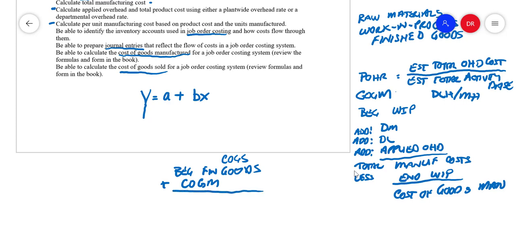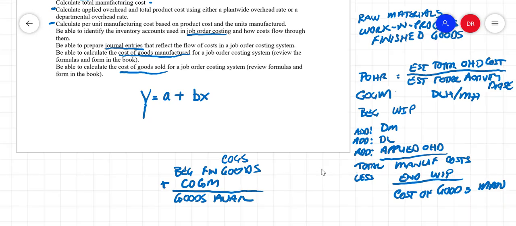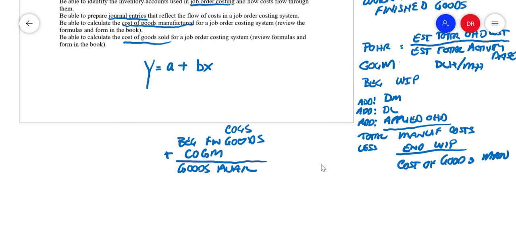Then we have cost of goods available for sale. And then we deduct out ending. So we take cost of goods sold as beginning finished goods plus cost of goods manufactured minus ending finished goods inventory. And that gives you cost of goods sold. All right. So these are some things you might want to have on your note card.